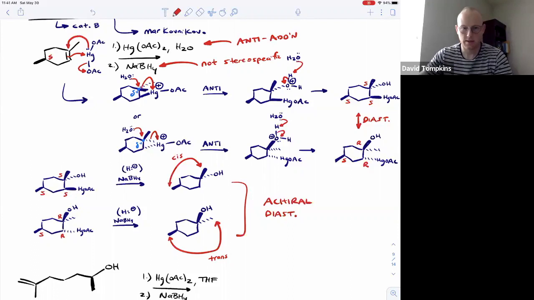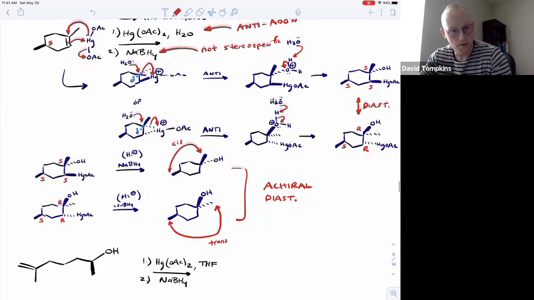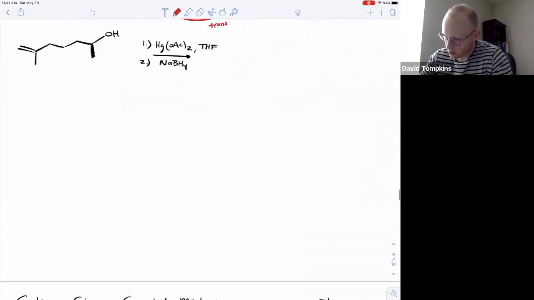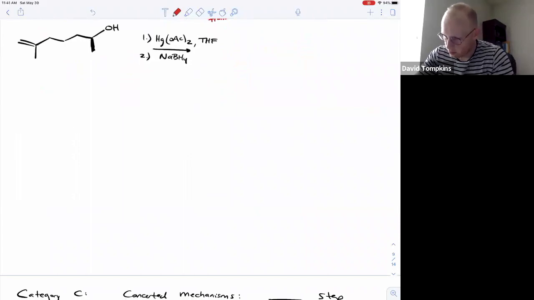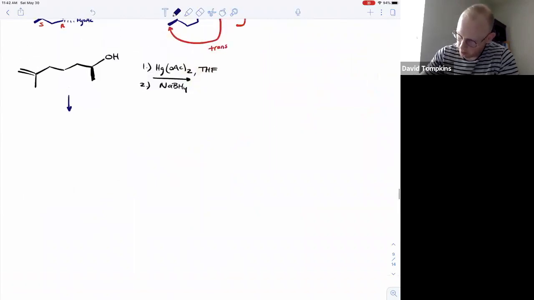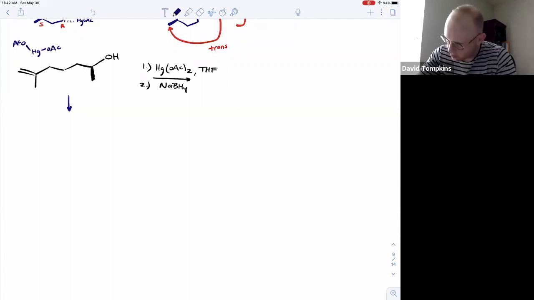So let's examine one more example where we use mercury with an alkene where there's a pendant alcohol in the structure. And we know that the alkene is going to be nucleophilic and attack mercury acetate. Mercury is bound to two electronegative oxygens and therefore is electron poor, but has a lone pair.